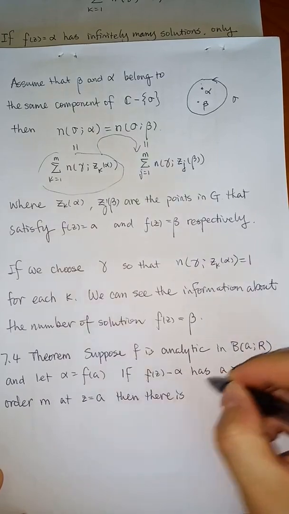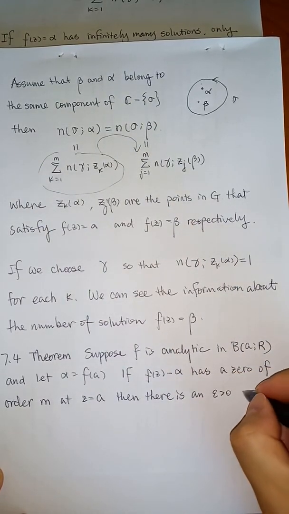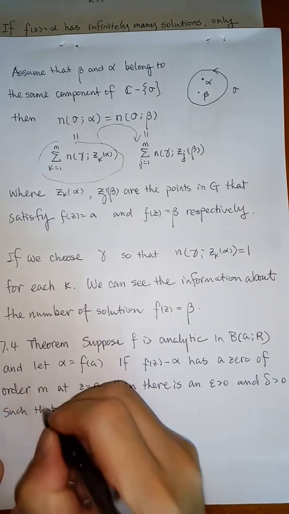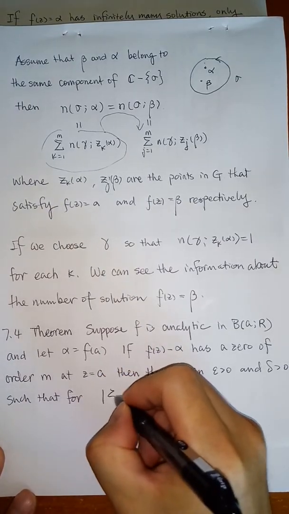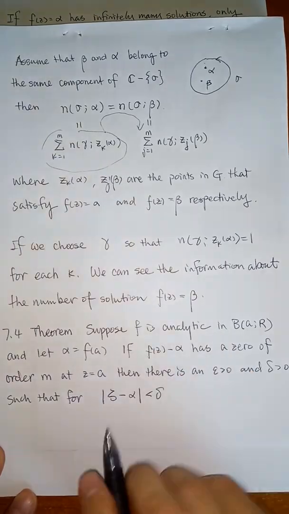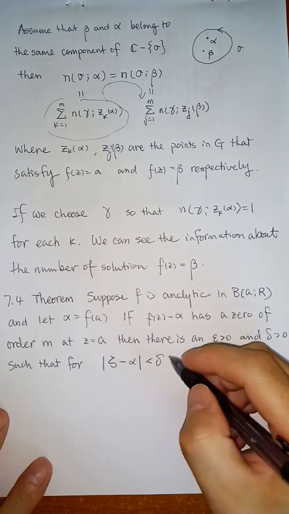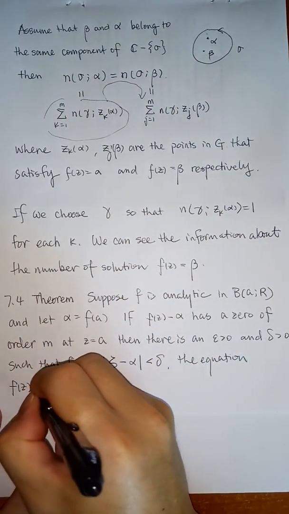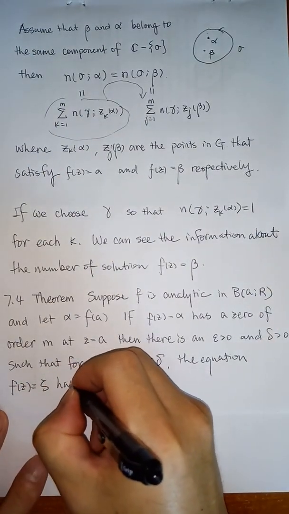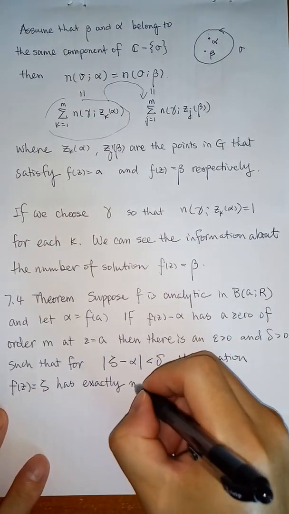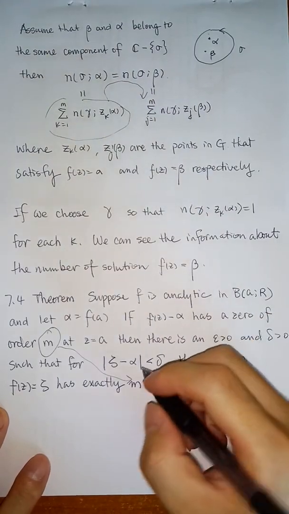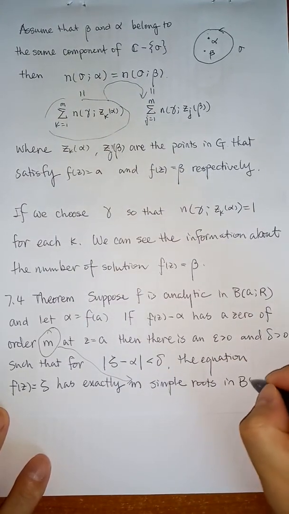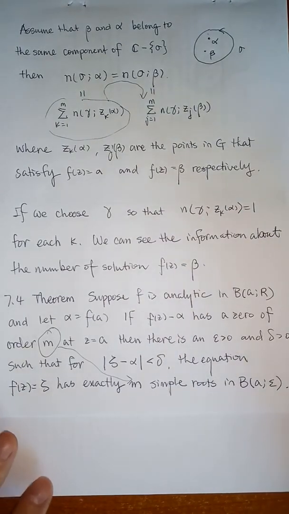there is an epsilon greater than 0 and a delta greater than 0, such that for eta with absolute value of eta minus alpha less than delta, when eta is close to the image alpha, the equation f(z) equal to eta has exactly m simple roots inside the disk B(a, epsilon).